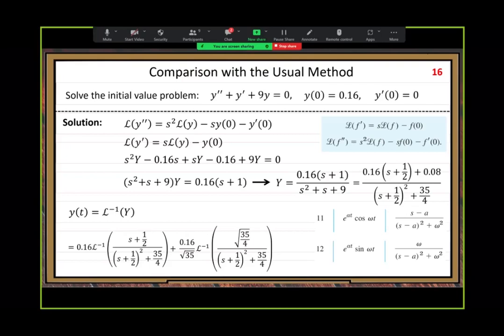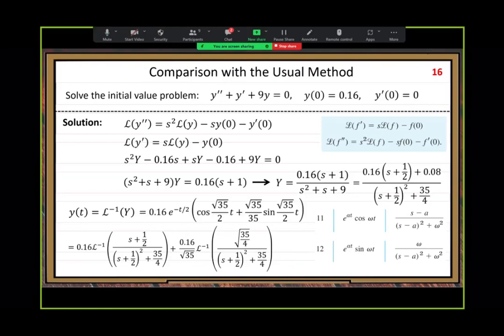So for these two, we apply the first basic formula, formula number 11, with A equals -1/2 and omega root of 35/4. So we can write the final solution here.